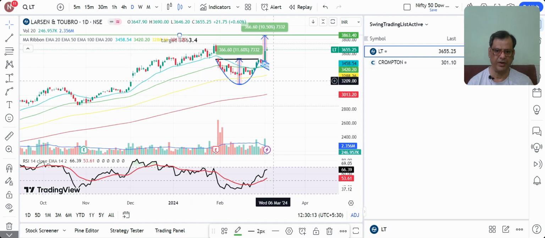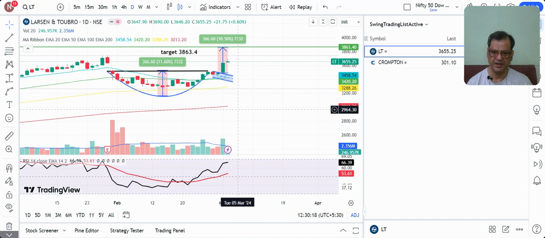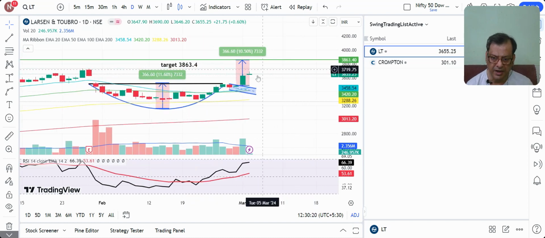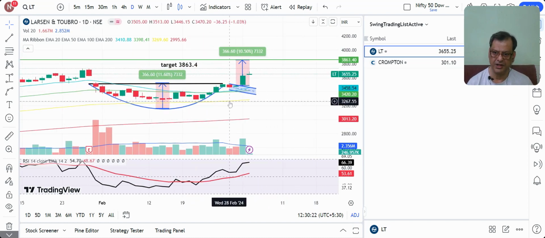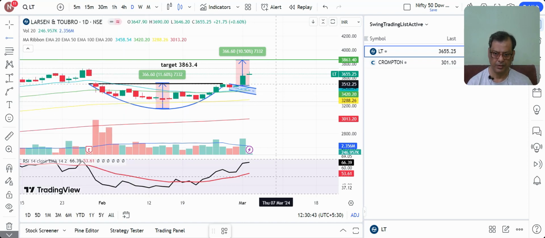That's fine. Now where is your entry? I'll just zoom in so that you are able to see it clearly. Entry has to be the breakout. If you see here, the high is 3513, 3496. So it has to be above the handle. You would probably keep an entry of 3514. Let me take a horizontal ray here at 3514.